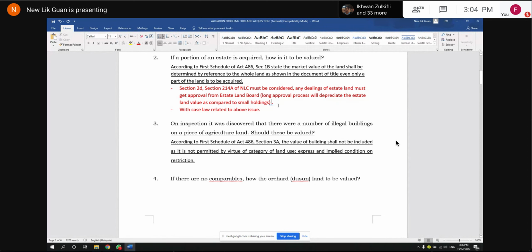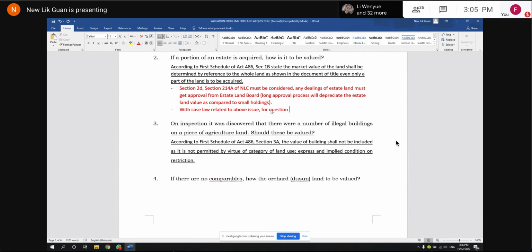In a question like this, how many case laws should be included? At least one. Okay, for a case like this, you need to come up with at least two cases.